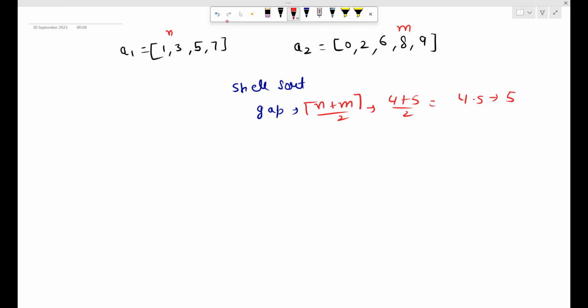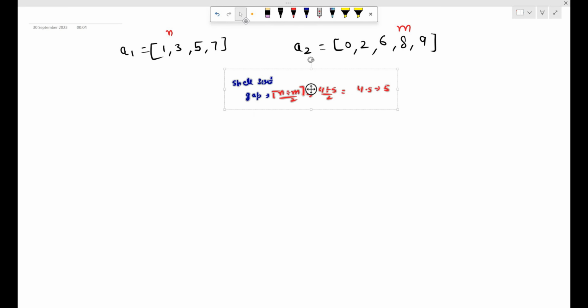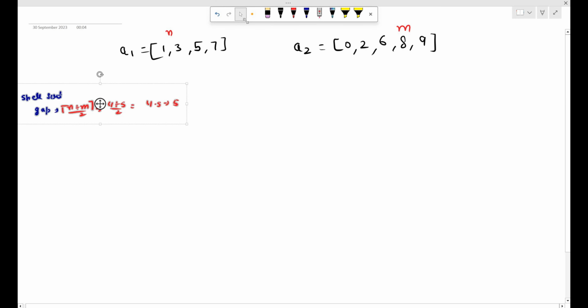Okay. So it means we have to place our two pointers at a gap of 5. So this is what the algorithm is. We are using a concept known as gap.